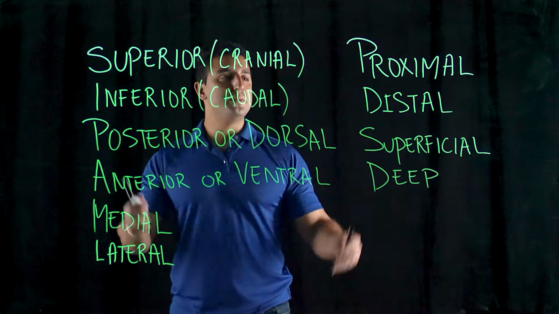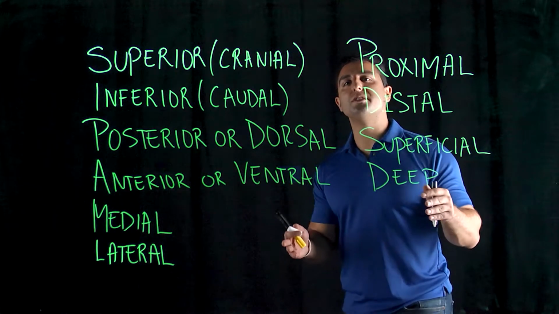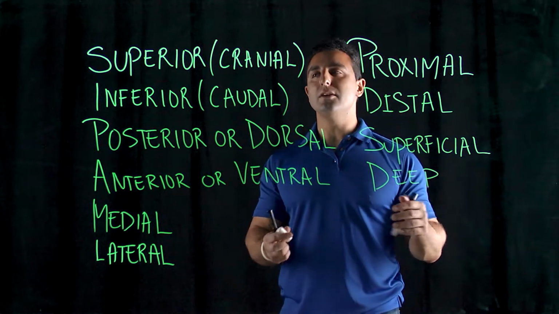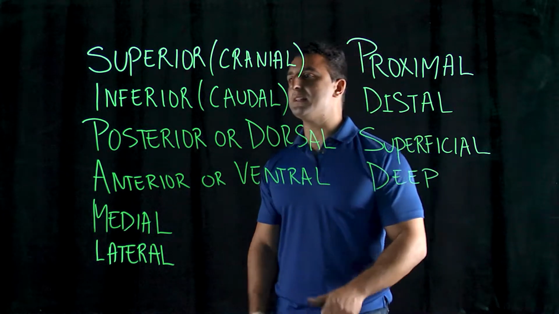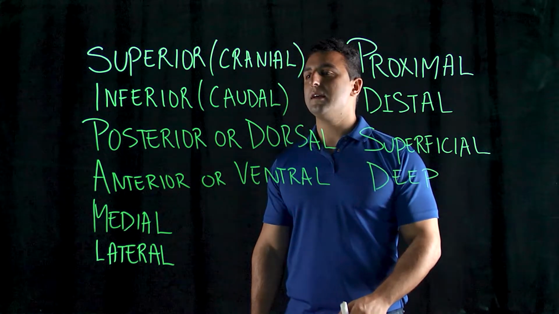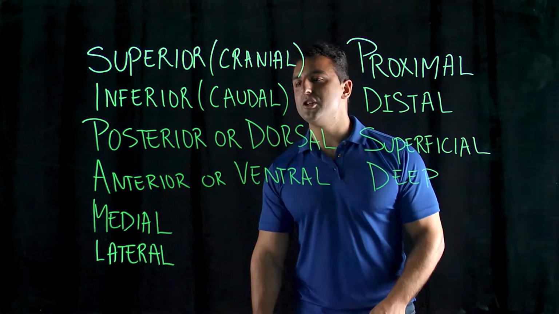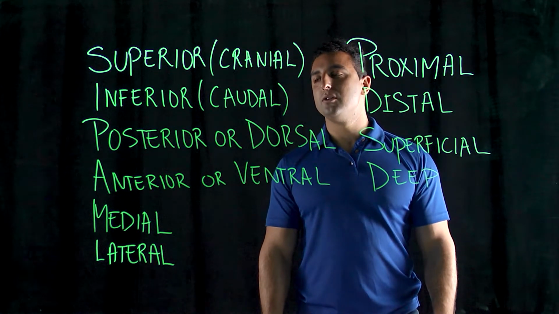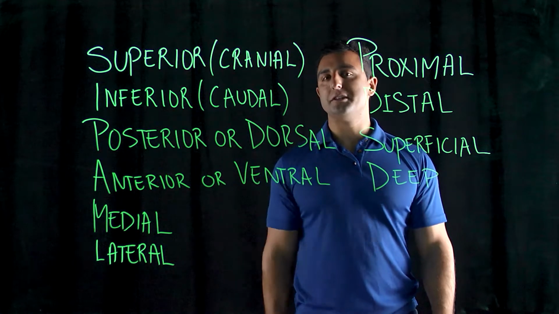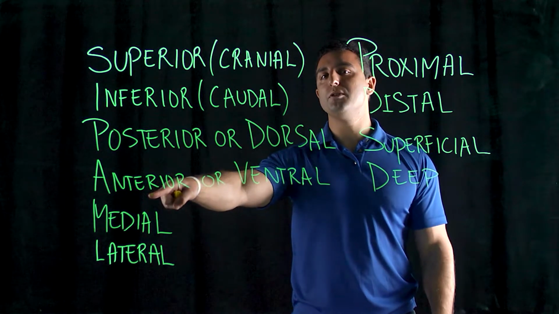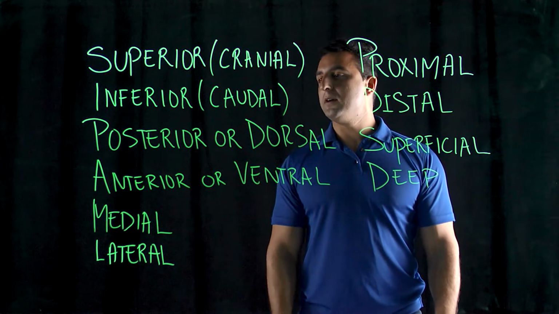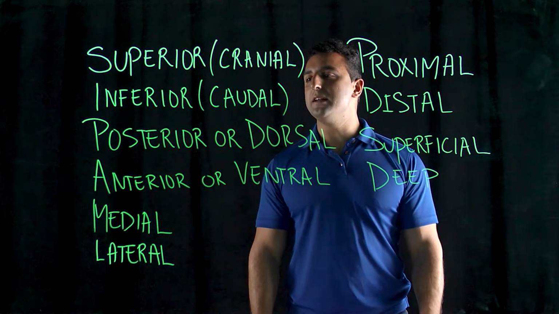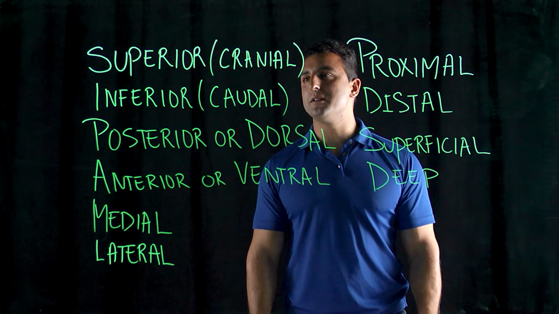All right, so these are the main anatomical terms that you'll be using and seeing. Okay, and make sure you understand them, right? So for example, if I say the heart is what in relationship to the vertebral column? The heart would be in front, correct? So it would be anterior to the vertebral column, right? What about the skull in relationship to the heart?